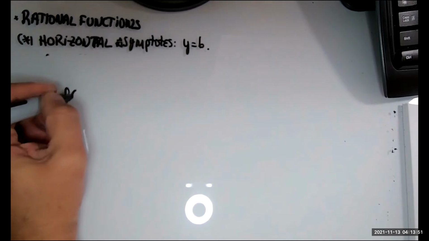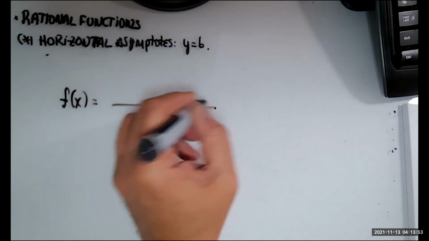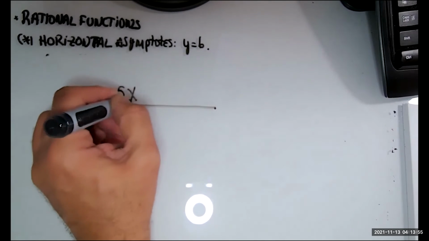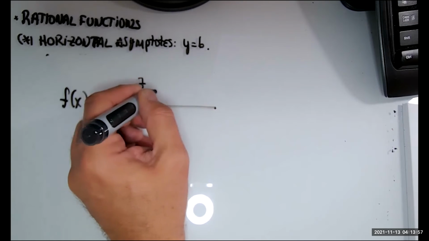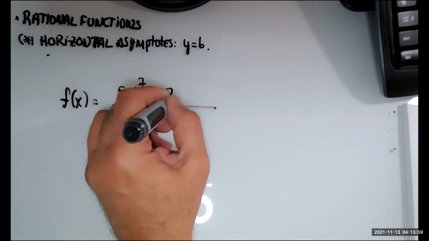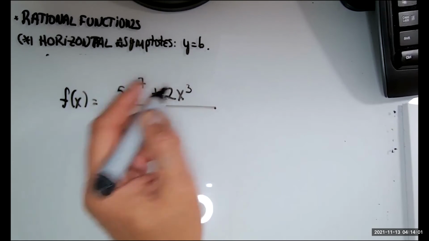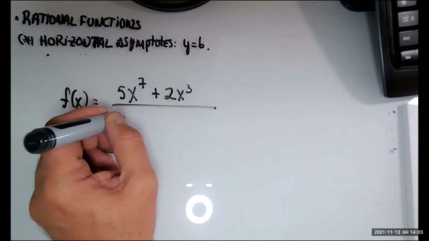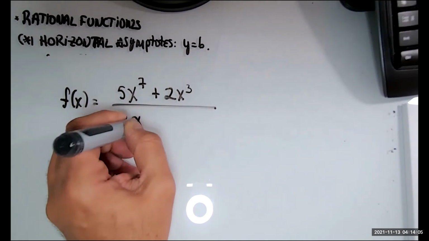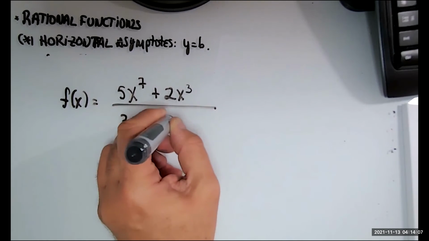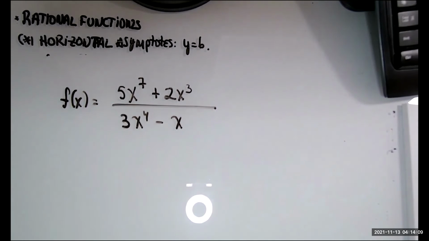So let's take a look at this example. f of x equals 5x to the 7 plus 2x cubed over 3x to the 4 minus x. That would be simple enough.